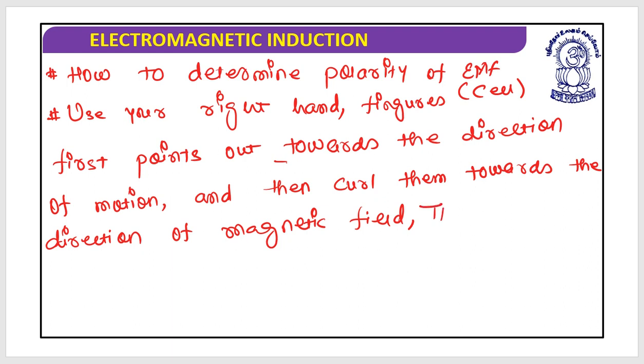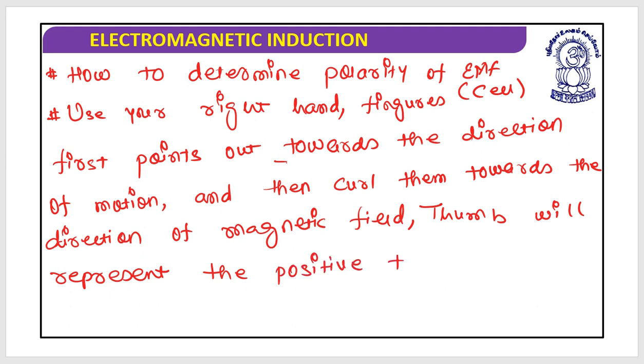Then the thumb will represent the positive terminal of the cell, and once you have the positive terminal of the cell, you can easily have the negative terminal of the cell too. I hope this is clear.